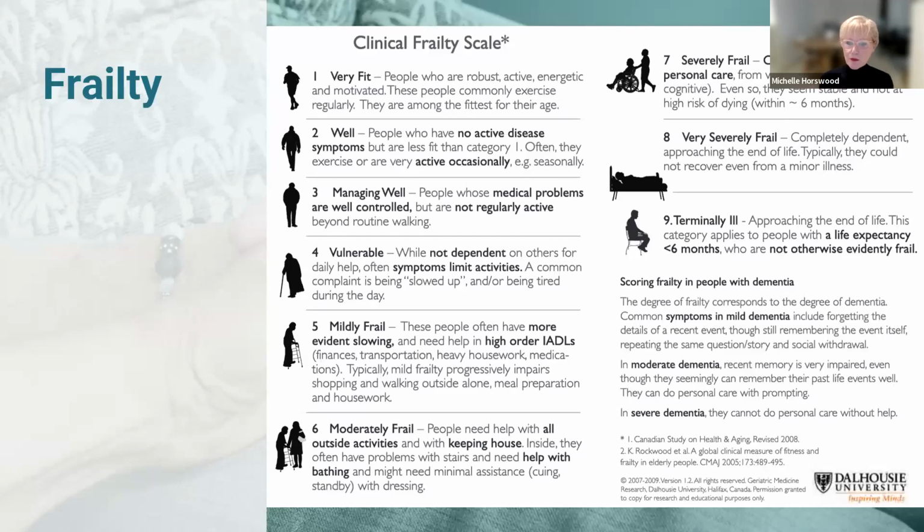These people have more evidence of slowing down, and they need help with the higher order activities of daily living, so things like managing their finances, investments, getting on transport, doing their shopping, those sorts of things. We consider them mildly frail.